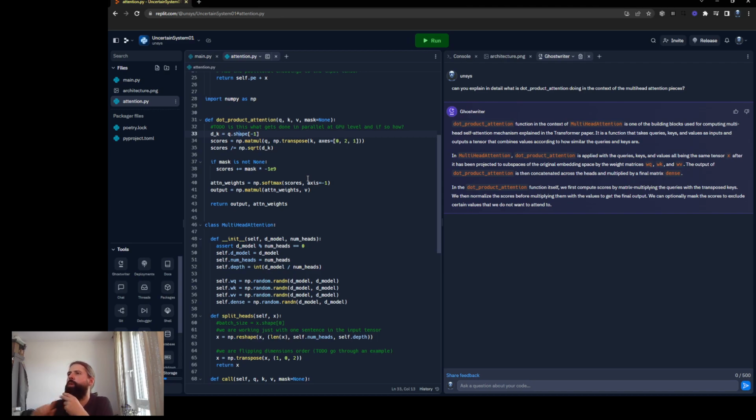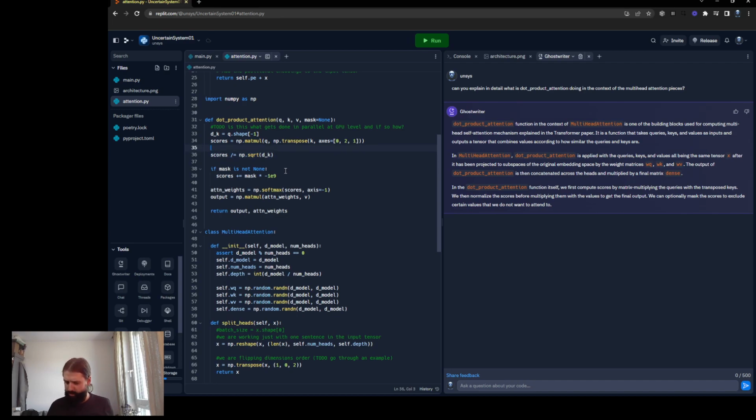So we're transposing the keys, multiplying Q and key. This is normalization, I guess. Then the mask. Okay, so that's like a 0 thing. So the mask, we ignore it for now. I don't know what this is used for.